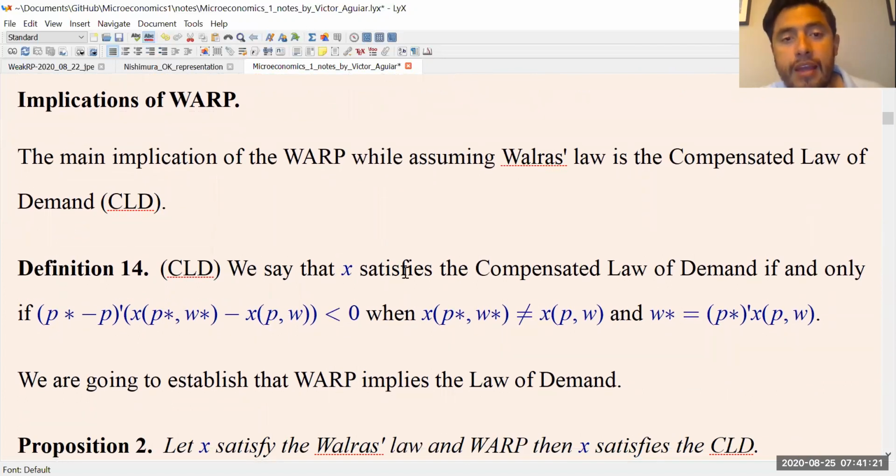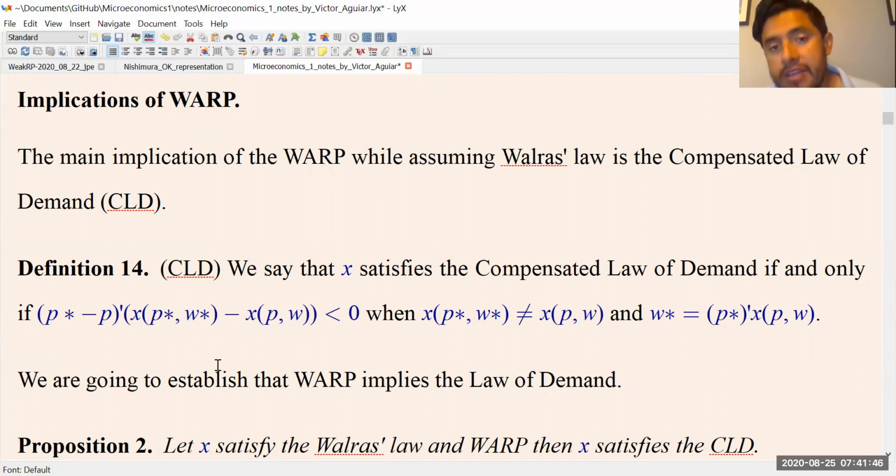So we say that x satisfies the compensated law of demand if and only if, for two prices, I subtract the second from the first, and take the inner product with the difference between the demand functions at the first price level and the second price level, then this is negative. So what it means is that if prices increase, then quantities must decrease.